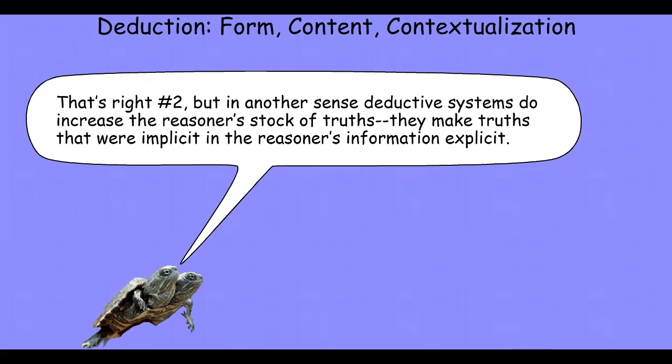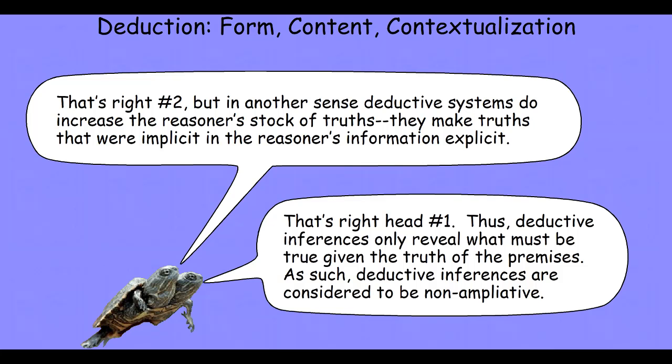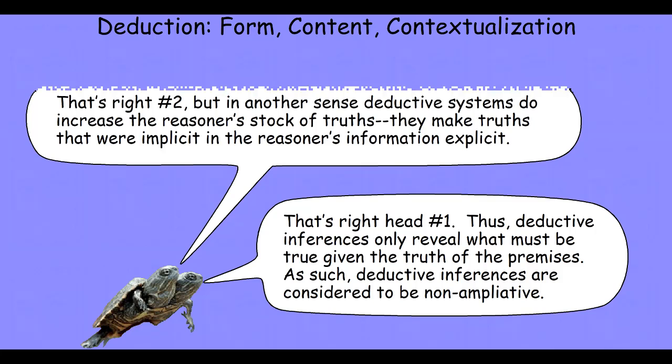But in another sense, they really do, because they make truths that were not explicit and available to us explicit and available. Thus, deductive inferences only reveal what must be true given the truth of our premises. And as such, they're non-amplitive inference strategies. But nevertheless, revealing what has to be true given what we know can oftentimes be revelatory and important.